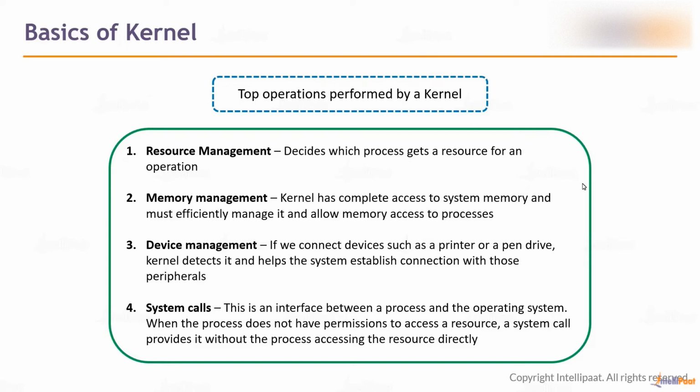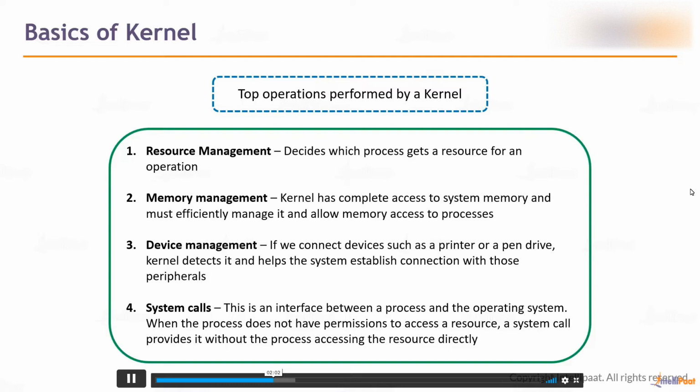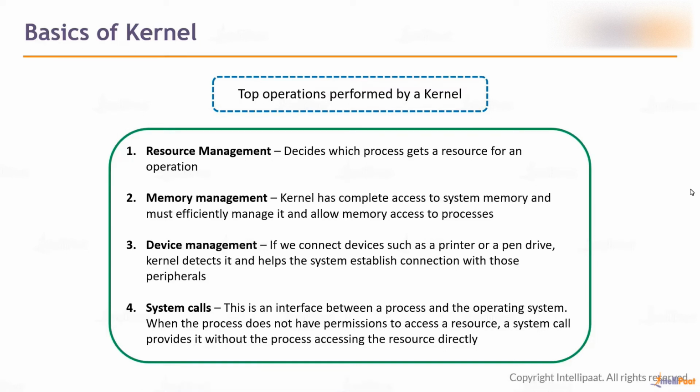Okay, now let us get a brief about each of those operations. First, resource management. The kernel decides which process gets a resource for an operation. So let's say you are running multiple processes in parallel, and two of those processes need the same resource for an operation. Right now the kernel will decide which operation should use that resource first, or which should use it second, because it should not end up in a deadlock situation.